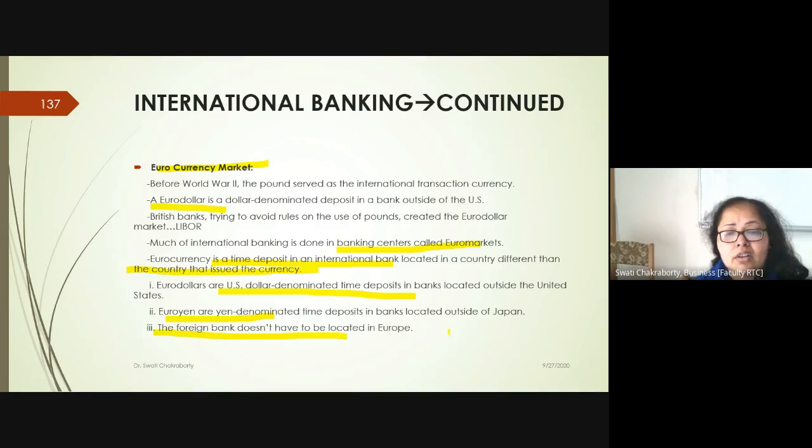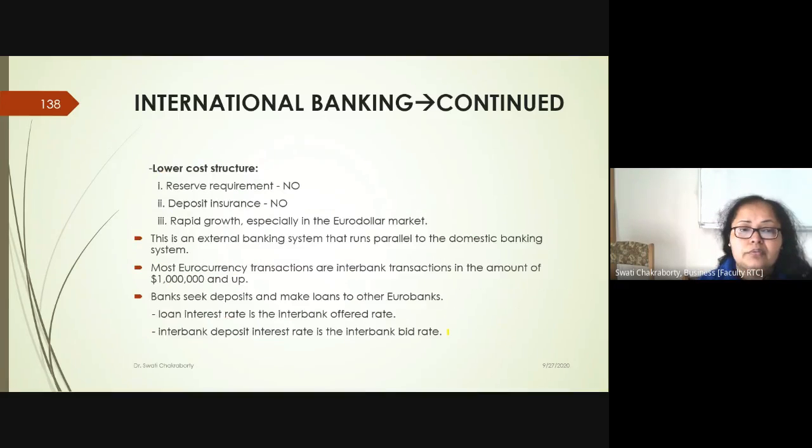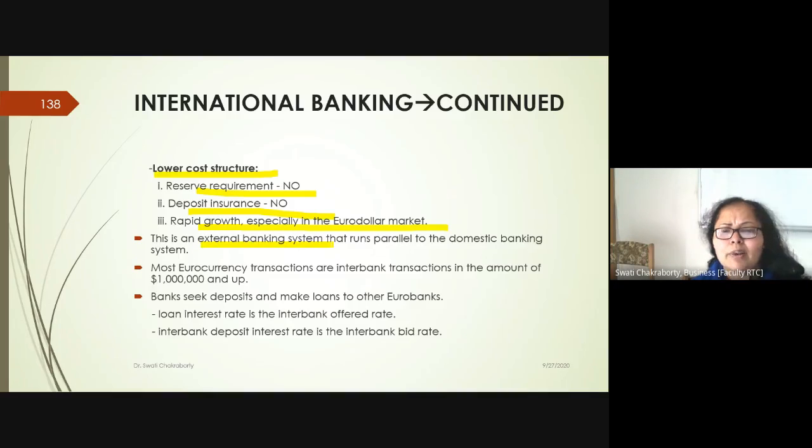Foreign banks do not have to be located in Europe. Low cost structure, reserve requirement not required, no deposit insurance, and there's rapid growth, especially in the Eurodollar market. So this is an external banking system that runs parallel to the domestic banking system.